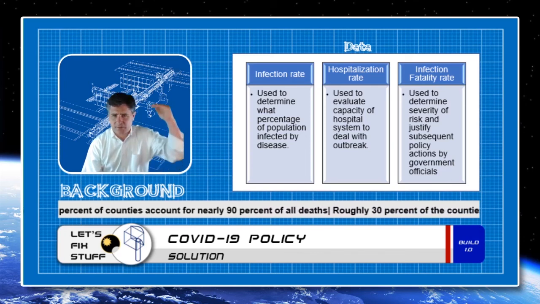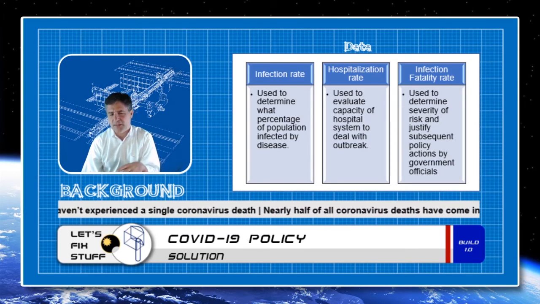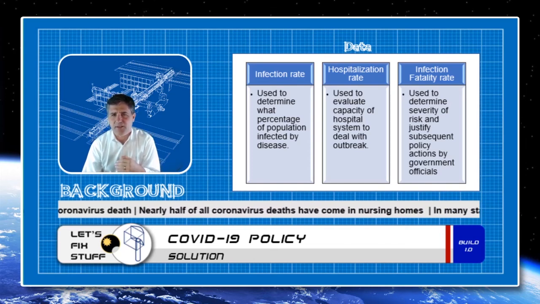So as the infection rate goes up, if the number of deaths stays constant, that infection fatality rate actually goes lower.